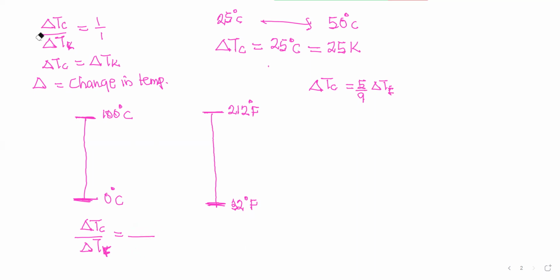So it is actually 100 minus 0, upper fixed point minus lower fixed point, and then 212 minus 32, which is 100 over 180. And 100 over 180 is the same as 5 over 9. Frank, are you okay here? Okay, so this is how to determine the change in temperature.